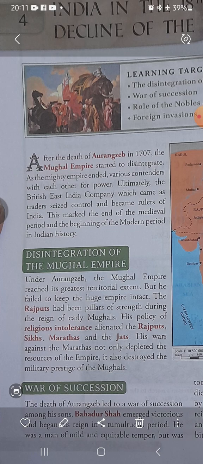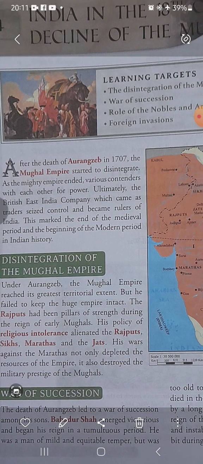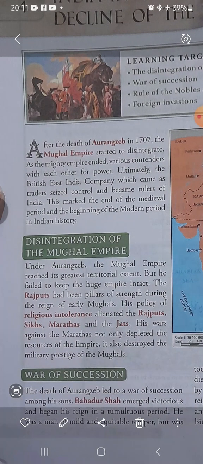Then after the death of Aurangzeb, it was Bahadur Shah who emerged as a victorious ruler. But his reign went through a very tumultuous period, that means it was very chaotic. He was a man of mild and equitable temper, but was too old to prevent the decline. He died in the year 1712, and his death was followed by a long period of confusion and disorder.